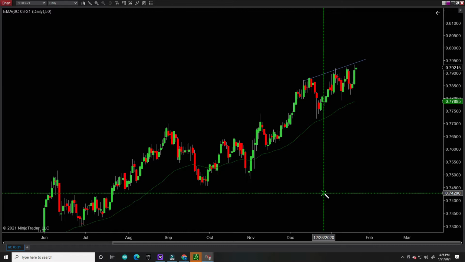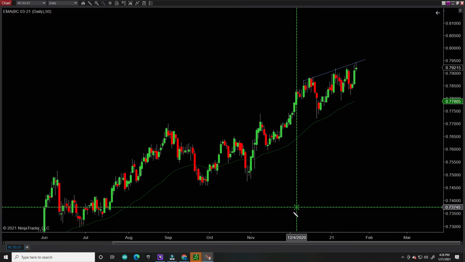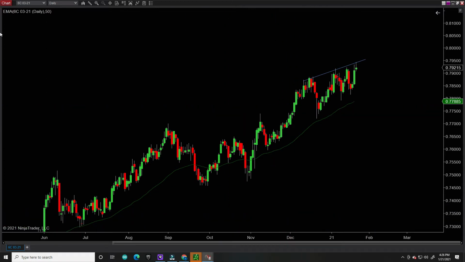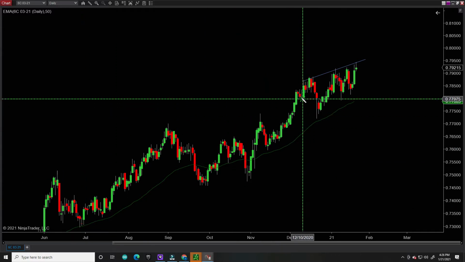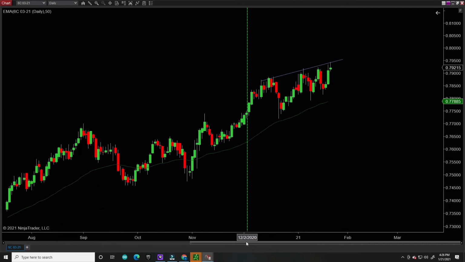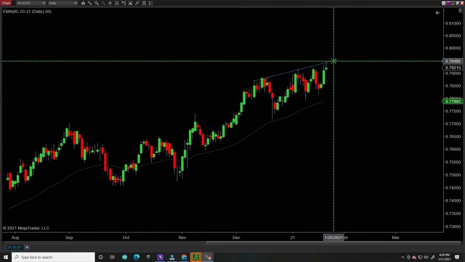So I use my Thinkorswim platform to enter my orders, but I use the charts on Ninja to look at my currencies, but they're all going to be inverse. So if you look at the actual chart of the US dollar to the Canadian dollar, it is exactly the opposite of this. Okay, so hopefully you can see why I'm going long that currency pair.